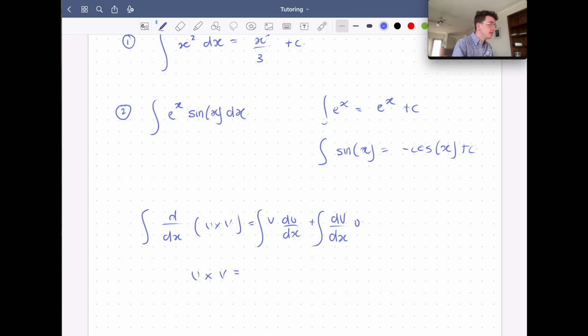And if we integrate the right side, we're looking at the integral of v du on dx plus the integral of u dv on dx times dx.